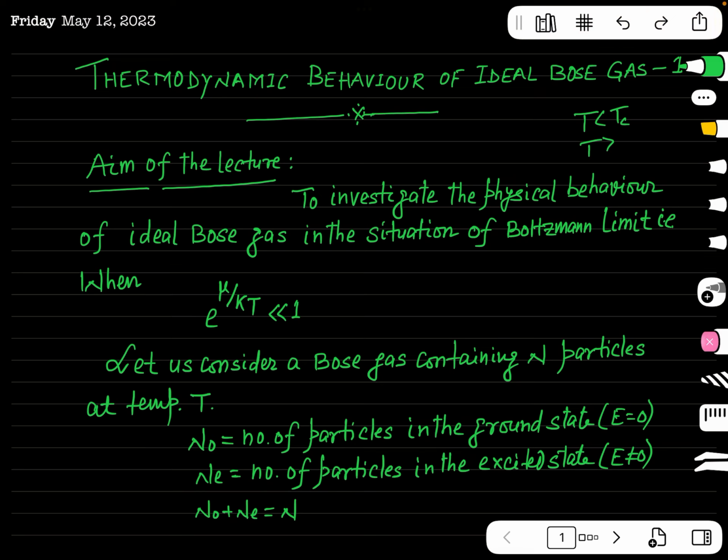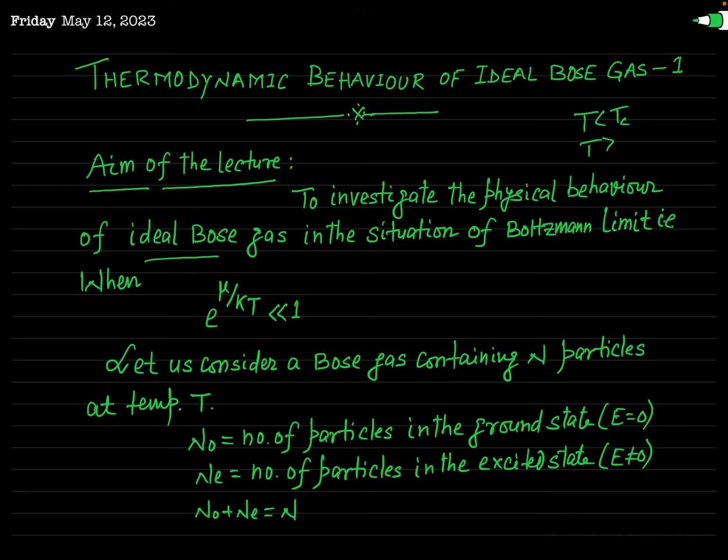Actually, this discussion is also limited to a particular limiting condition. As I have mentioned here, you can see the purpose of this lecture. You have already discussed the ideal Bose gas, so why are we going to deal with this particular lecture? The aim of this lecture is to know about the physical behavior of an ideal Bose gas in a particular condition.